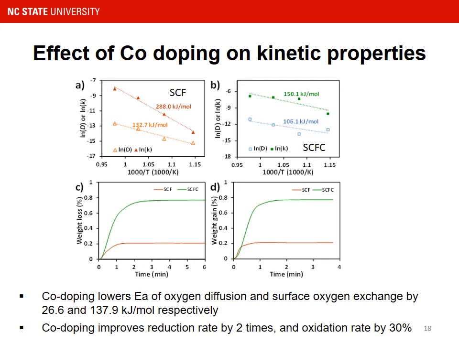For example, for the calcium-doped sample, the activation energy for oxygen diffusion is 130 kJ per mole, which can be reduced to 106 kJ per mole. As a result, both the oxygen release and oxygen storage rate can be greatly enhanced by co-doping calcium and cobalt.